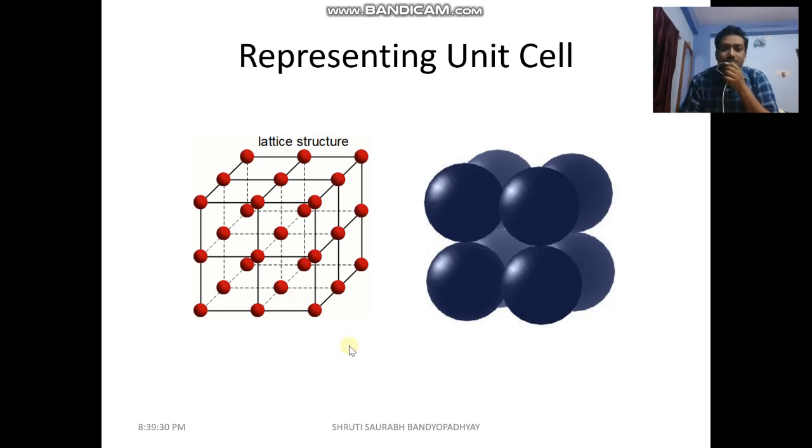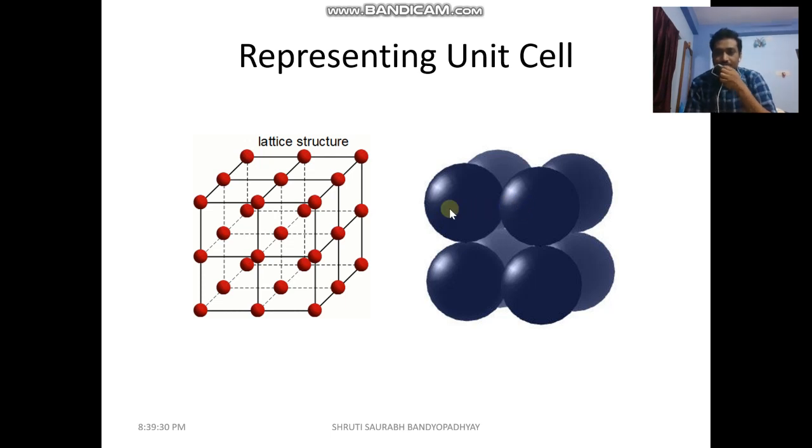We can represent one unit cell in two ways. One is where these two particles are linked by a chemical bond, and the other is where the particles are not linked by any chemical bond shown here.